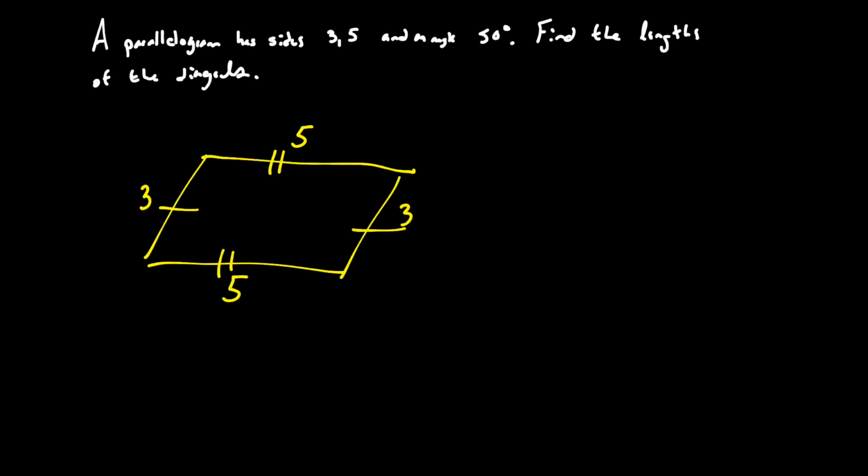Now, another fact we know about parallelograms is that the angles have to sum up to 360 degrees. So let's call this angle 1, angle 2, angle 3, angle 4. We know angle 1 and angle 3.